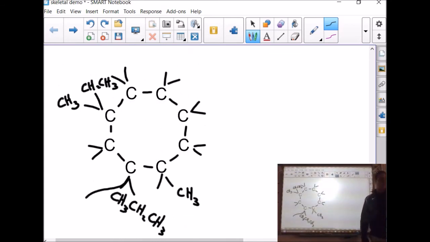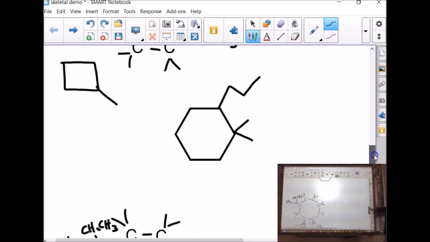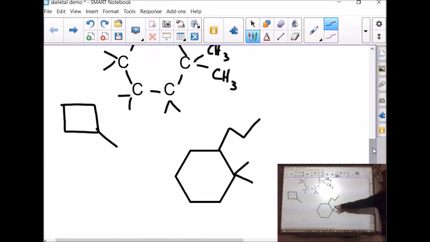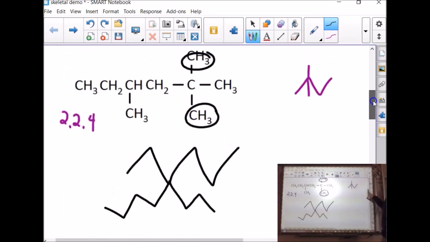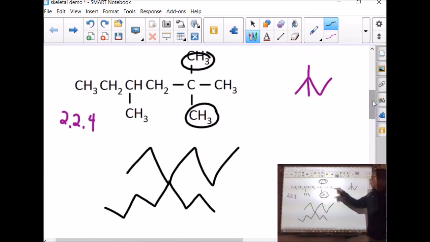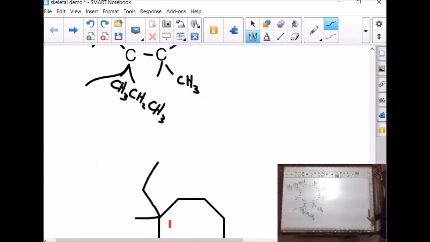Because I guarantee your organic teacher is going to go, well, if you want to, yeah, it's going to take a lot longer, but this is so much faster, so much cleaner. This shape representing that shape here and so forth. It isn't the same thing, but it's an example. It's just a little easier.